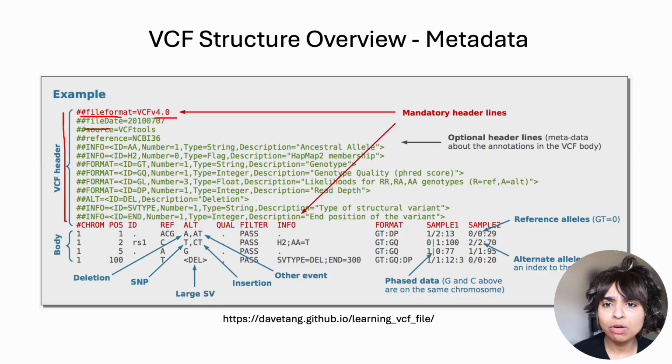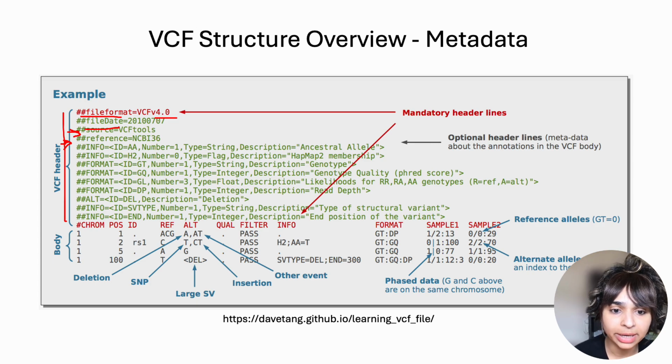Dates are often included for traceability in the pipeline. The next one is source. In our case, it is VCFtools. This shows which tool or pipeline produced the file. Some common examples are GATK and samtools. The next is reference. Reference here is NCBI 36. This line tells us which reference genome was used.